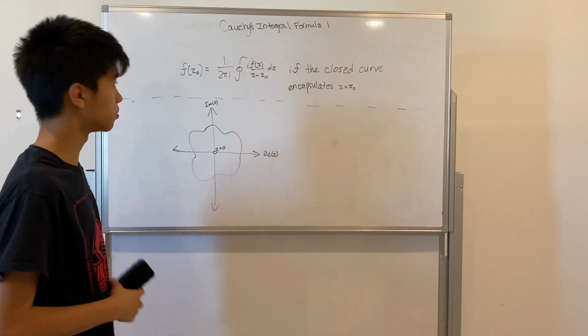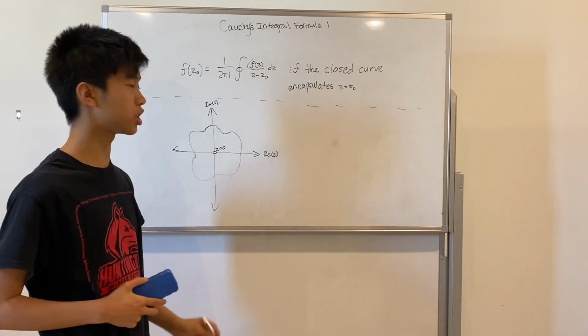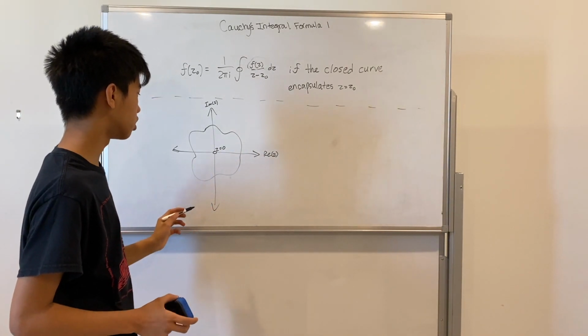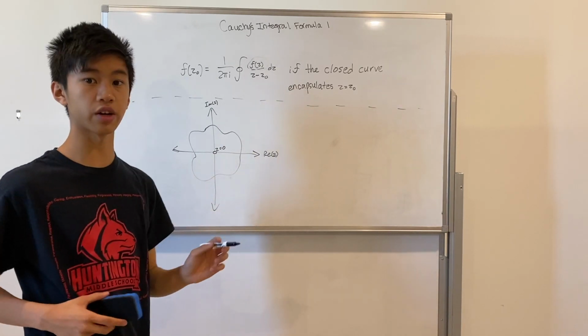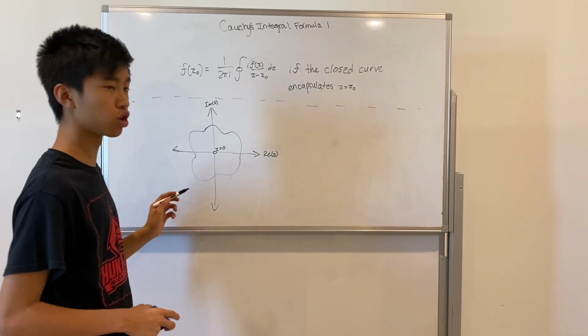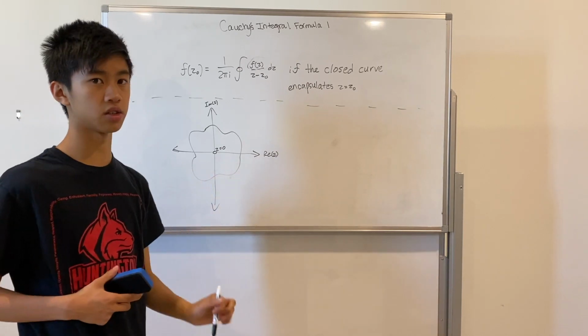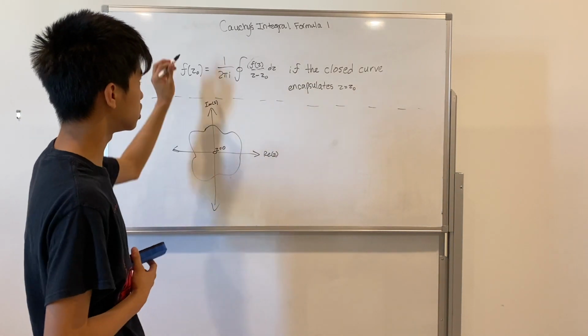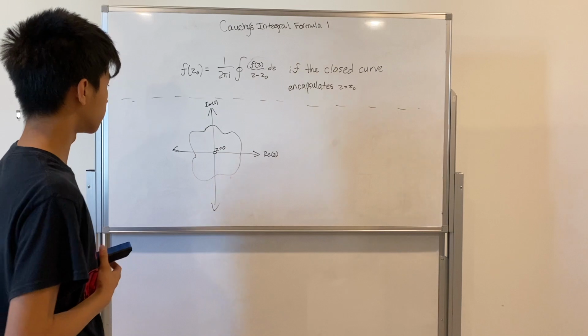Well, shoot. It looks like we can't just set this equal to 0, because our discontinuity is inside our curve, meaning that our domain D is not analytic. So we have to use Cauchy's integral formula to solve it.